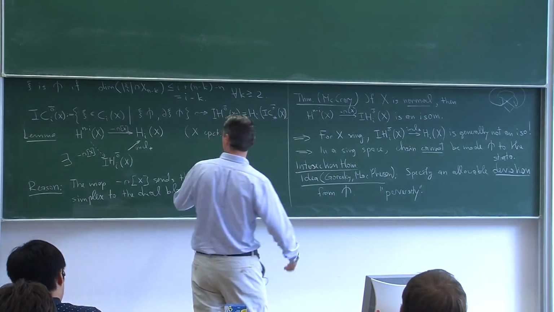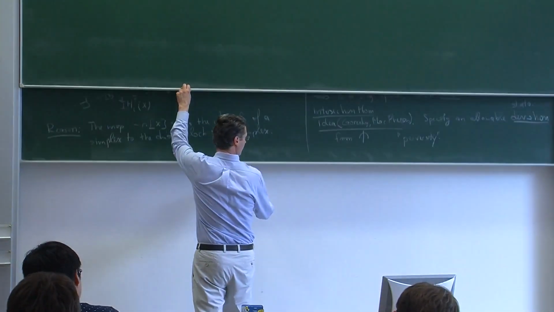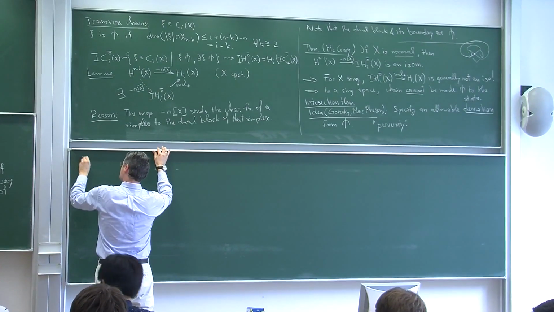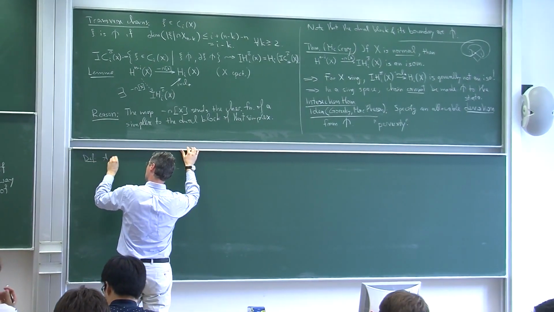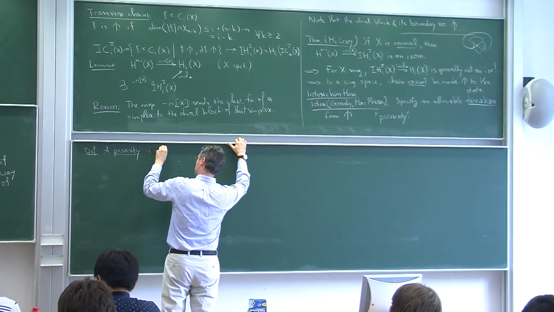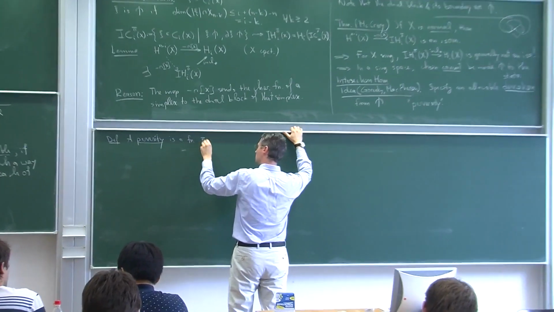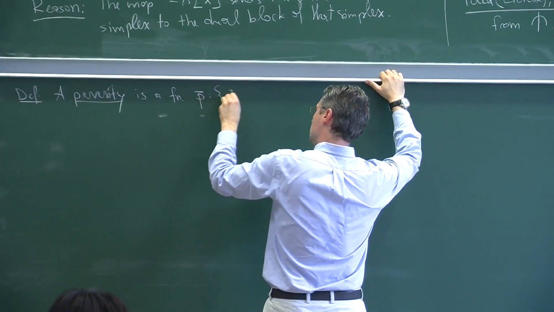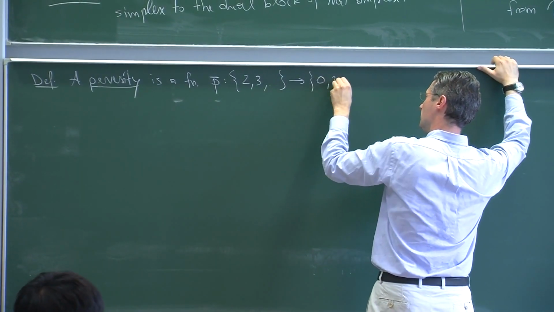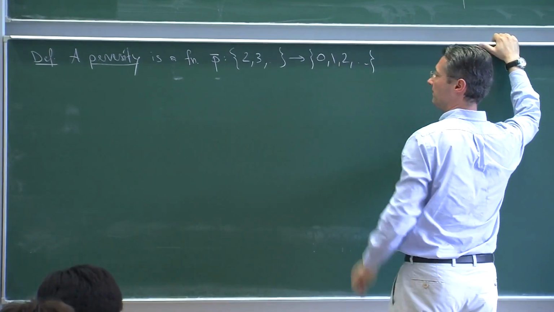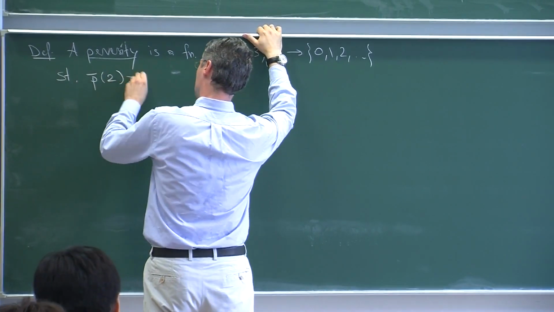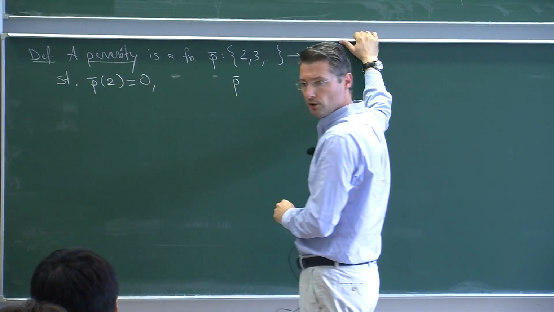So let me now formally define what a perversity is. A perversity is a function p bar from the set of integers 2, 3, and so on to the non-negative integers with the following conditions. At 2, the function should be 0, and then there is a moderate growth condition.